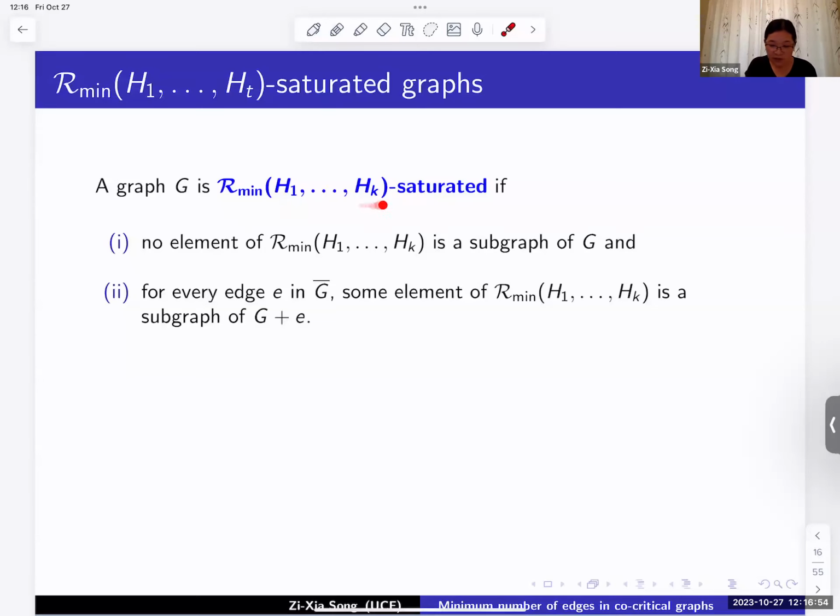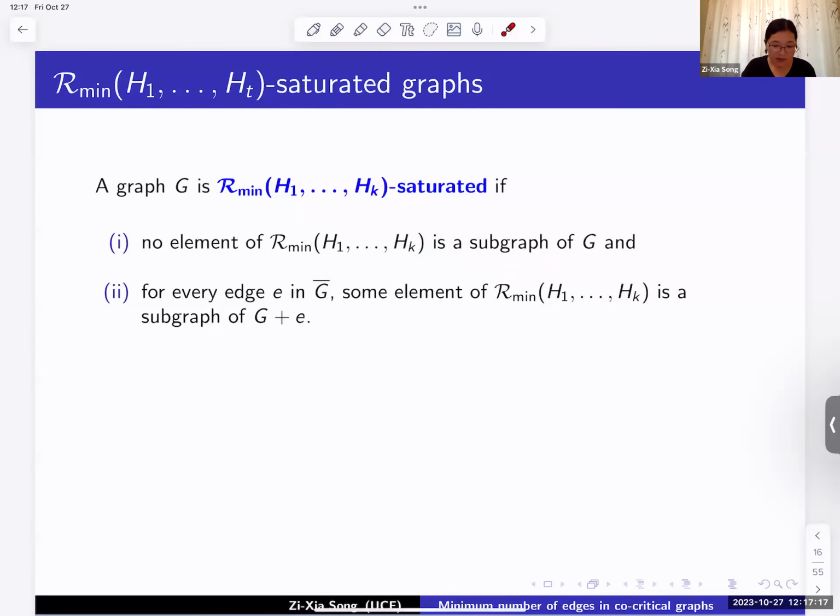My graph G is Ramsey saturated if no member in this family is a subgraph of G, but if you put any missing edge into my graph, it will contain some member in the family.